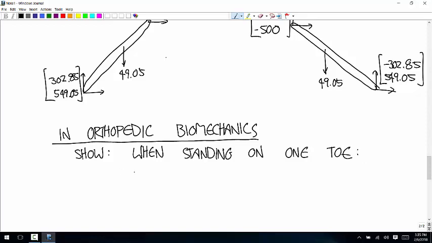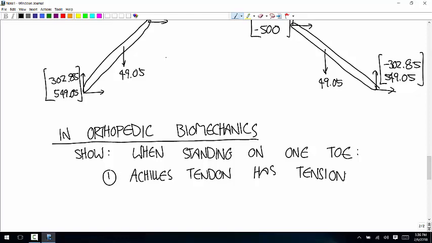The tension in your Achilles tendon is a tension of more than twice your body weight.